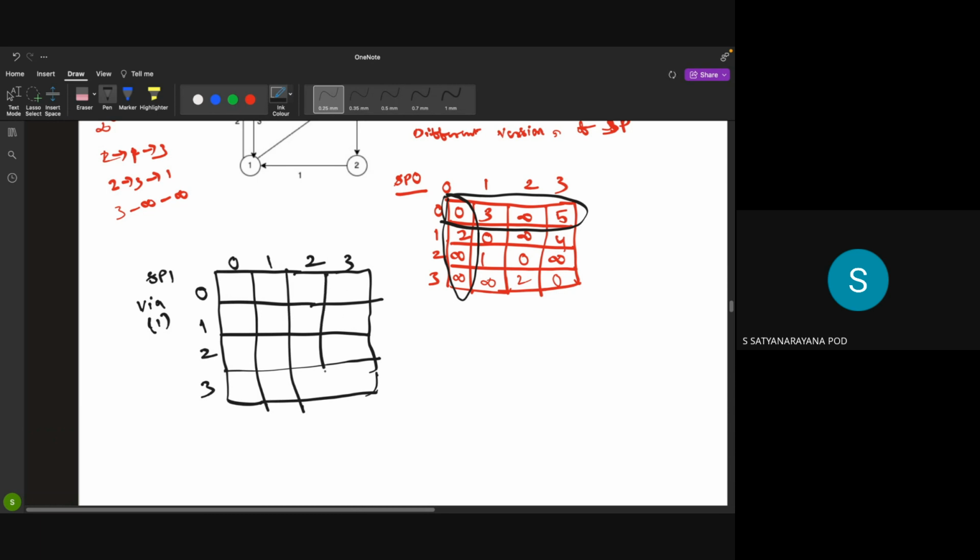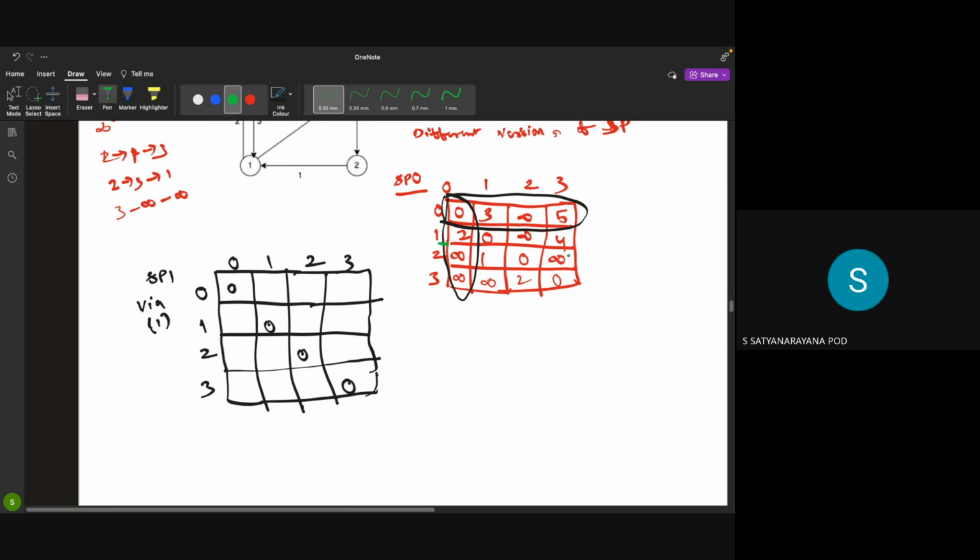Now these diagonal values are as they are. Via 1, when I'm taking, I get the first row and first column values as they are.